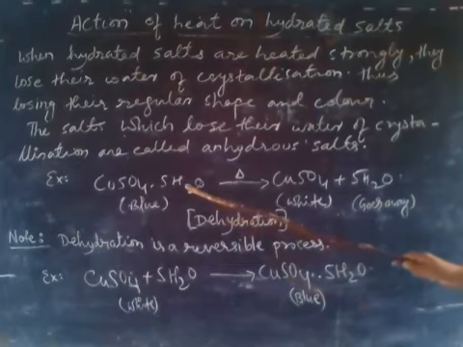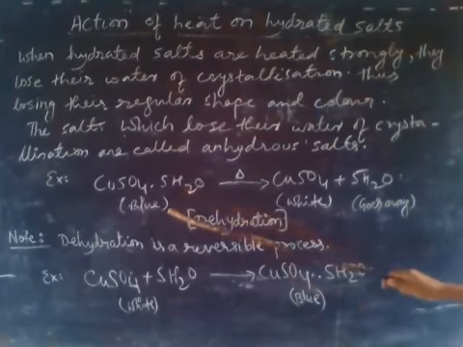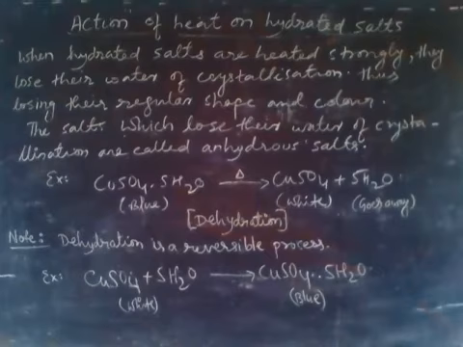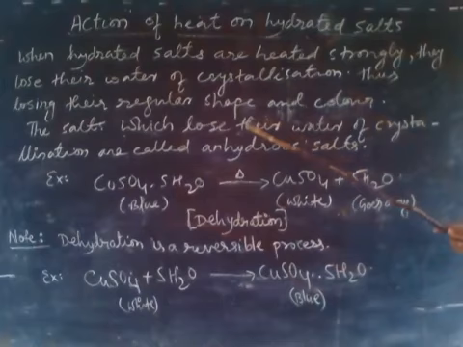Now if you see copper sulfate CuSO4·5H2O, it was blue in color. Now when we heat this salt strongly, what happened? The 5 water molecules which were a part of the salt become free now. So copper sulfate plus 5H2O, and as it is free, it moves away from the salt. So as the salt loses its water of crystallization, the shape and the color will also be lost.